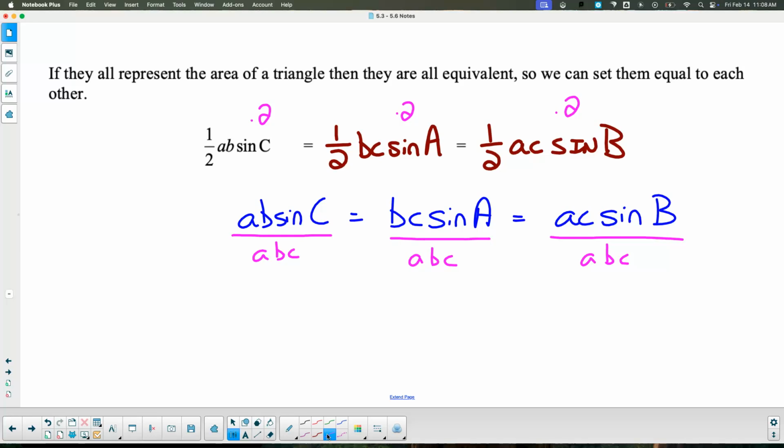What's left over in that first one? Sine C over C. What's left in the middle one? Sine of A over A. What's left in the third one?